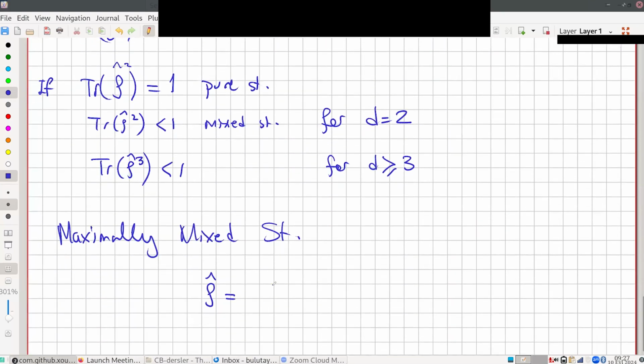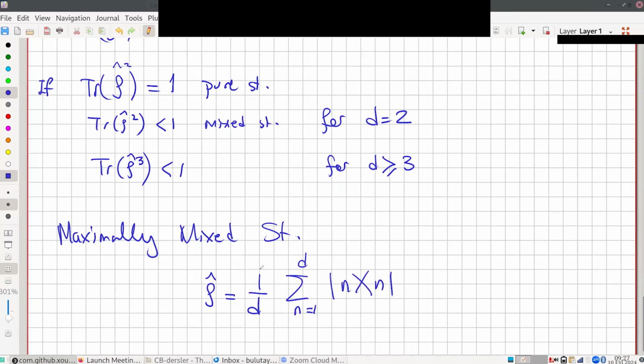So that is called a maximally mixed state. So for dimensionality n, all of them grab their fair share. Sorry, my dummy variable, let me call it n, from 1 to the dimensionality n. So this is a maximally mixed state.